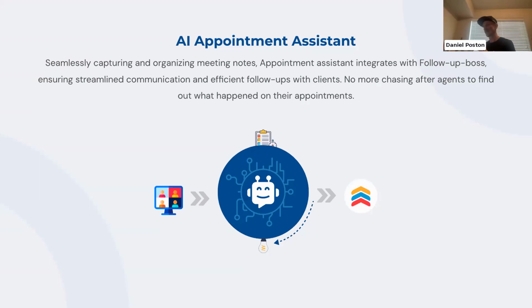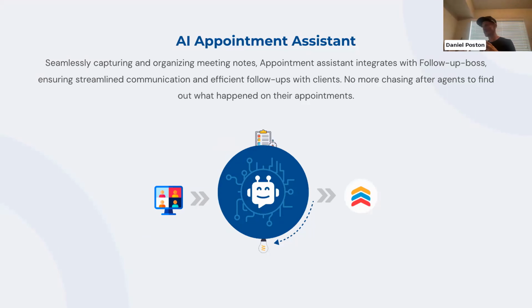So we can start pulling out data from this call. If you get a listing on that appointment, you're going to discuss when the open house date is. You're going to discuss when the sign needs to be put in the yard. You're going to discuss all these dates and things that typically right now would require an agent to go fill out a form afterward or send an email.